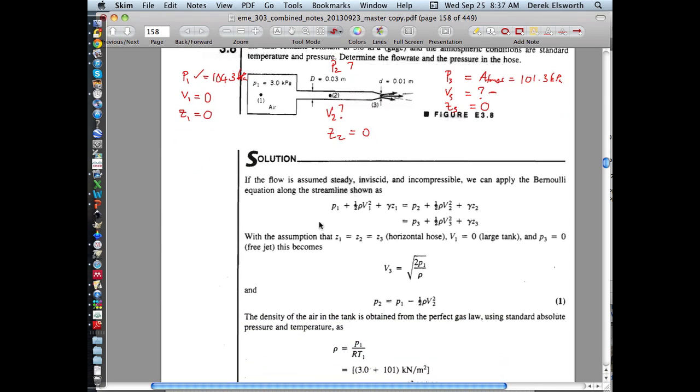And so if we write Bernoulli's expression between these 2 points, we can get v3 as a function of the upstream behavior. But in this, because the velocity v3 has a density in it, the density at that point 3, we don't necessarily know what that density is.